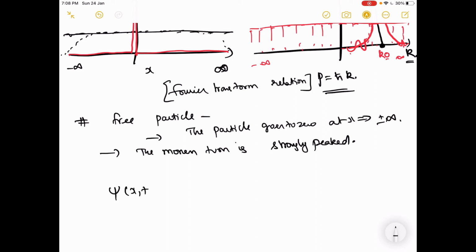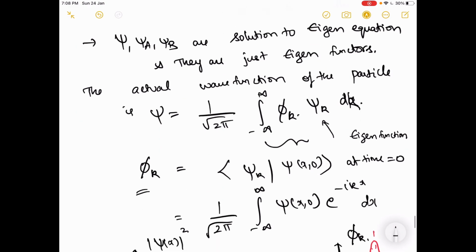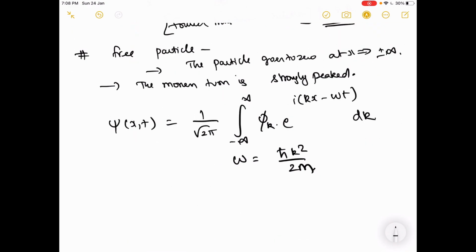I'm going to write psi of x comma t, that is this wave function, as 1 by root 2 pi integral from minus infinity to infinity of psi k e power i (kx minus omega t) dk, and omega is just written as h bar k square by 2m. It's the previous expression just written here in a new form, okay? And we know that psi k is strongly peaked.